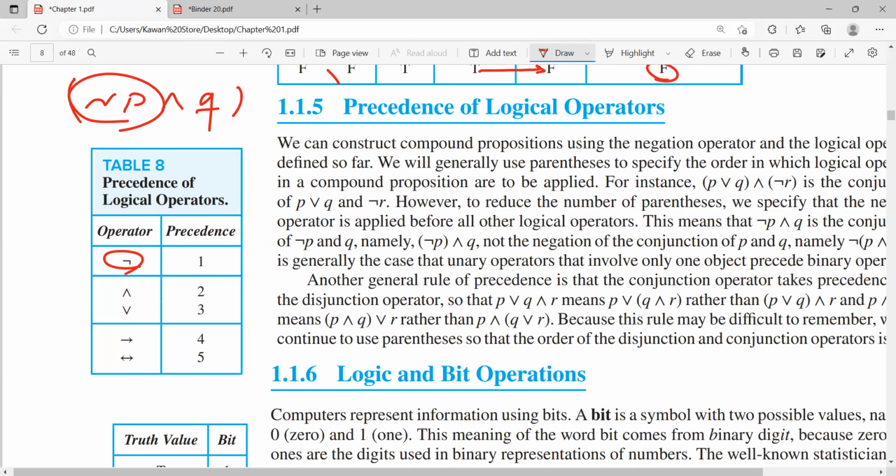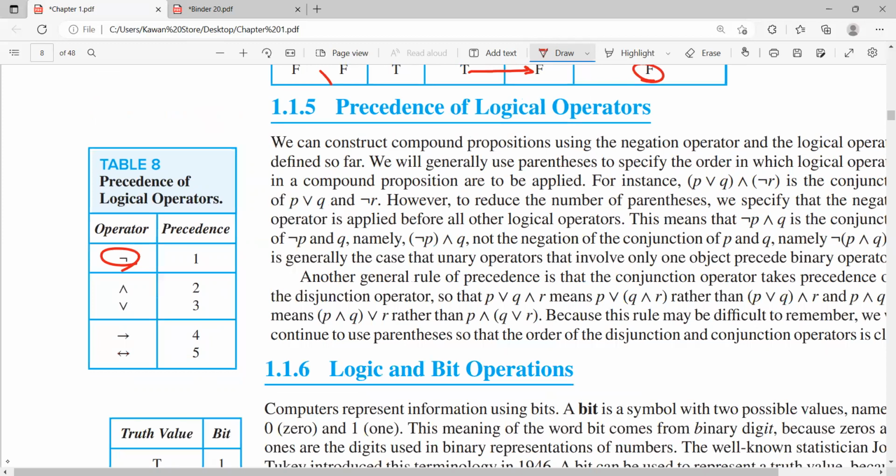For example, I have negation P and Q or P again. I do the negation first, then these two together will be second, and the result of these two together with the or will be third.